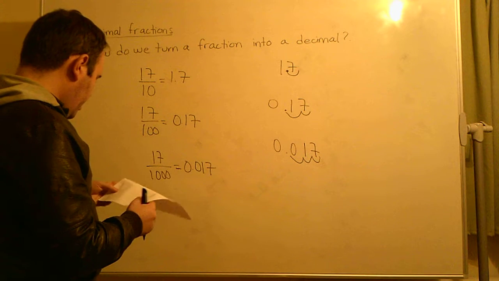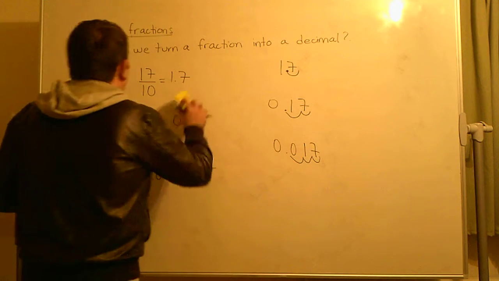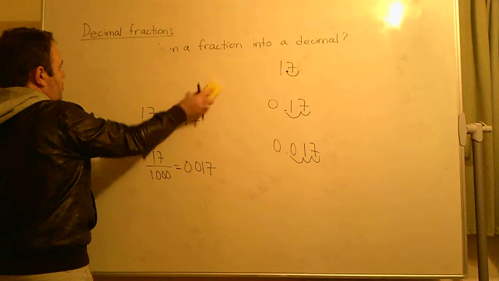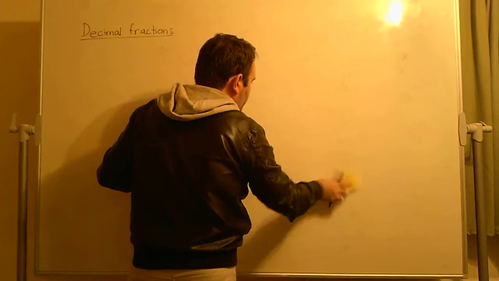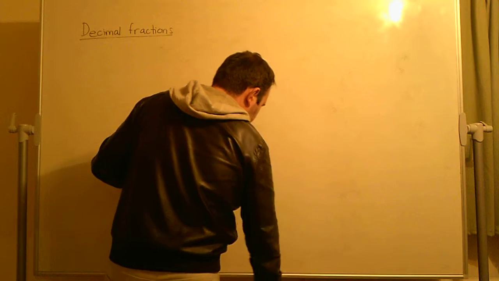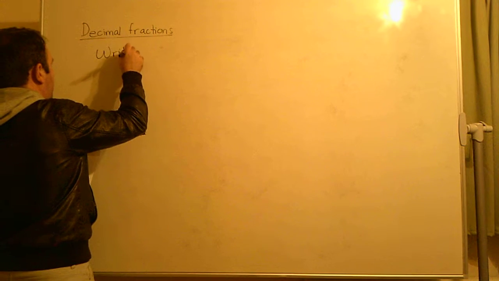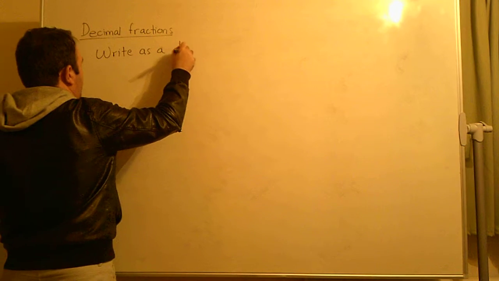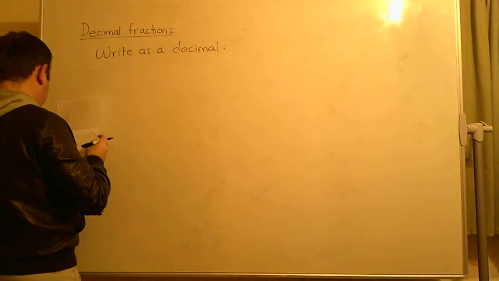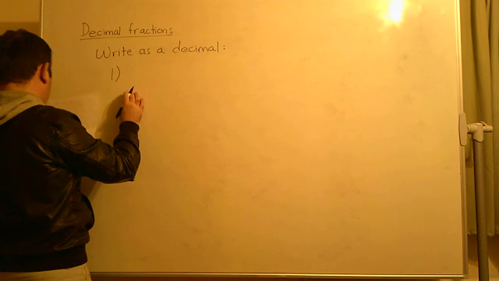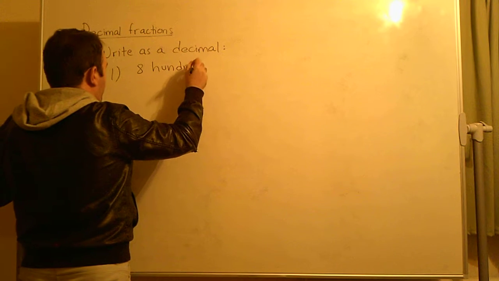Okay. Now I'm going to write down decimal numbers when we are given the name. Yeah. So write as a decimal. For instance, 8 hundredths.